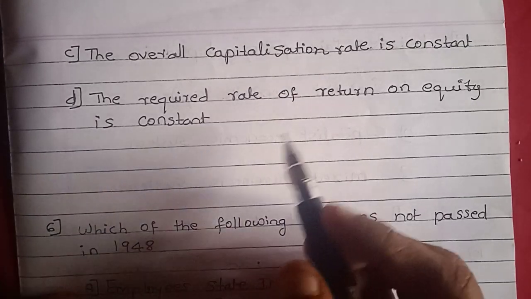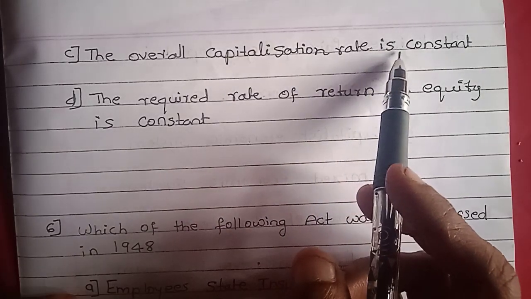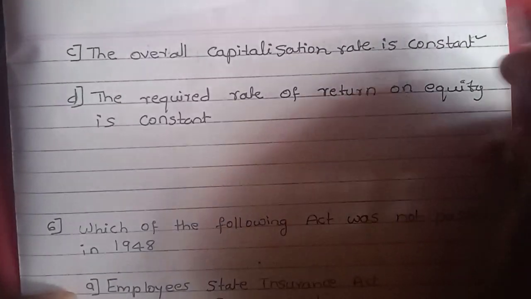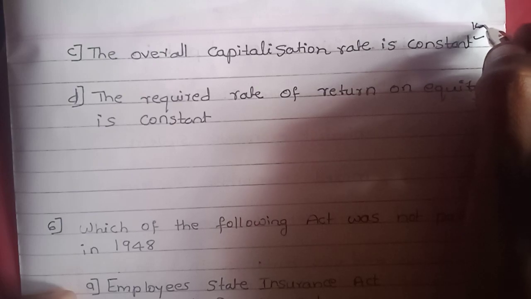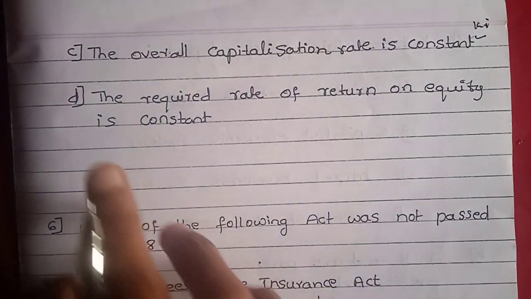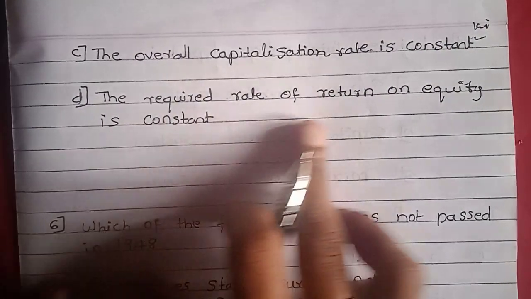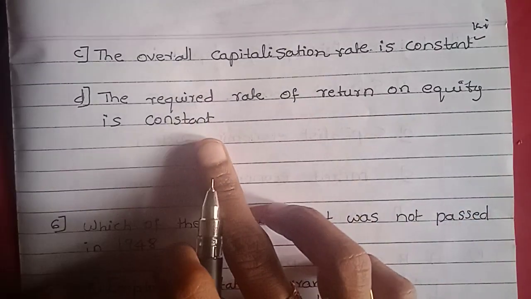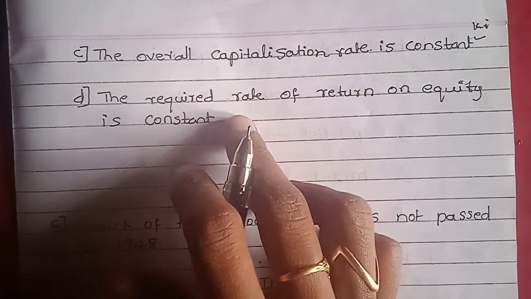And option C, the overall capitalization rate is constant. It is also correct. Next, the last one, the required rate of return on equity is constant. It is not correct.